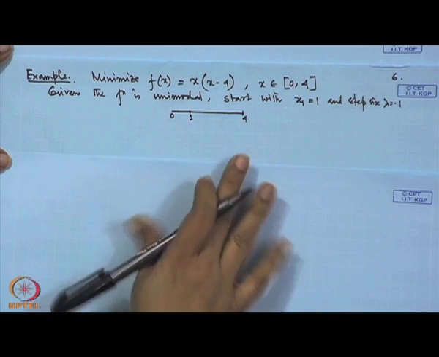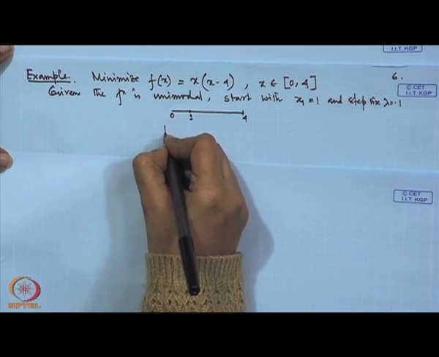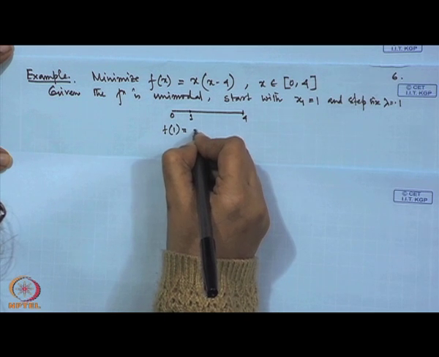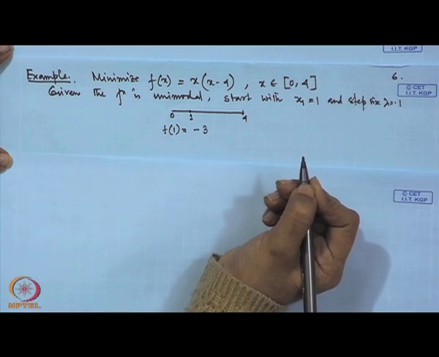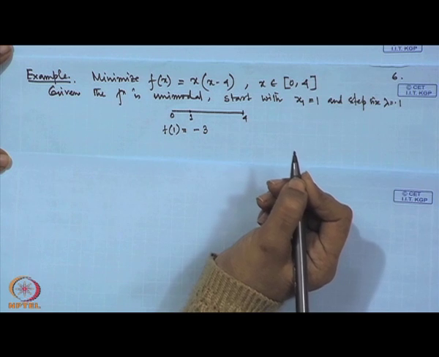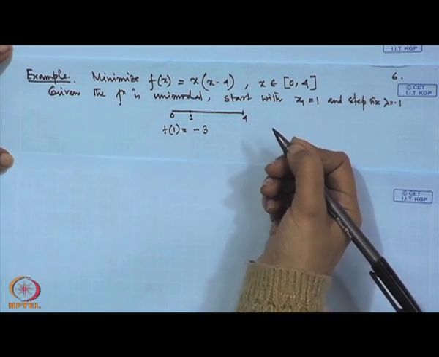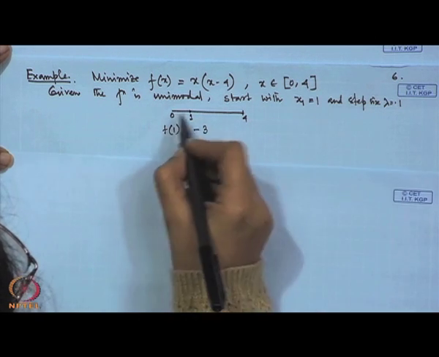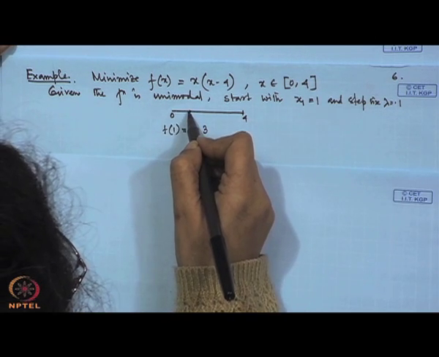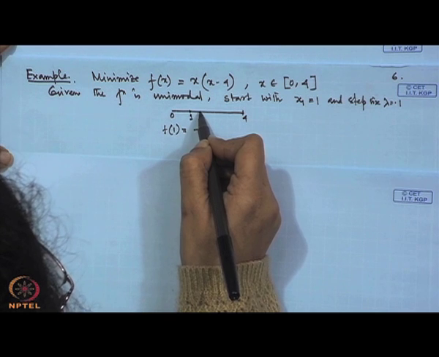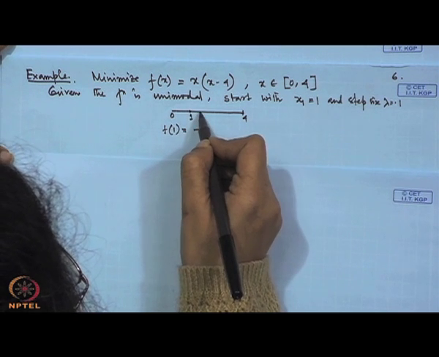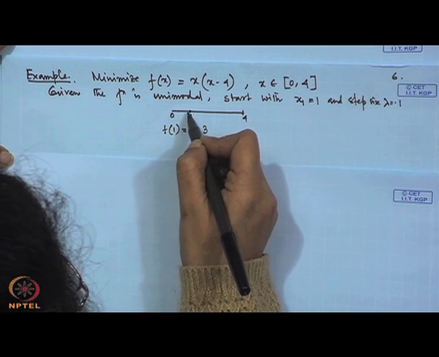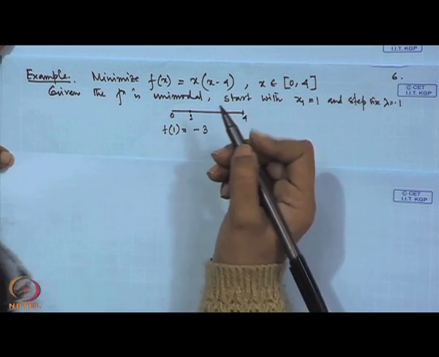If I start from x1, let us see what the functional value at 1 is. The functional value at 1 is certainly -3. That is why I know that I have to jump to the next point with the step size 0.1, but I do not know in which direction I will move. I can move left or right. If I move right, I will see whether we are getting a better functional value, or if I move left.